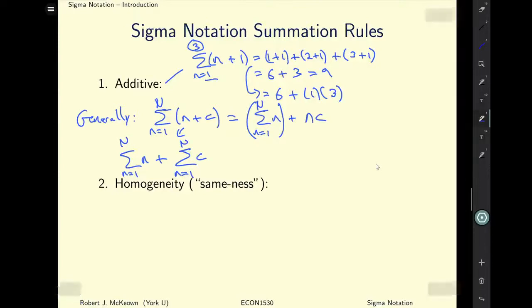So I'm summing up the n's and I'm summing up over the constant c, and then I end up with that kind of Gaussian sum in the first term, and the second term is just going to be, I'm adding C and capital N times, so I'm going to have C N over here. Oh, and I see that there was a little typo here. That should have been capital N.